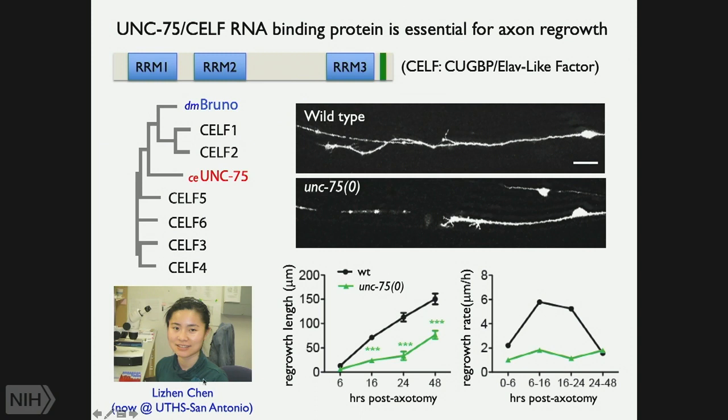The work of my former postdoc Li Zhenchen, who is now a tenured professor at UT Health Science, characterized the unc-75 mutants in axon regeneration, where she observed that on losing unc-75 the axons don't grow much. It is not as severely impaired as a DLK loss of function, but the regrowth is definitely quite reduced.